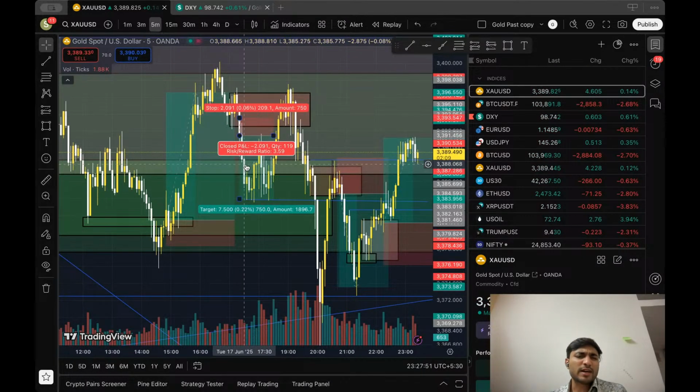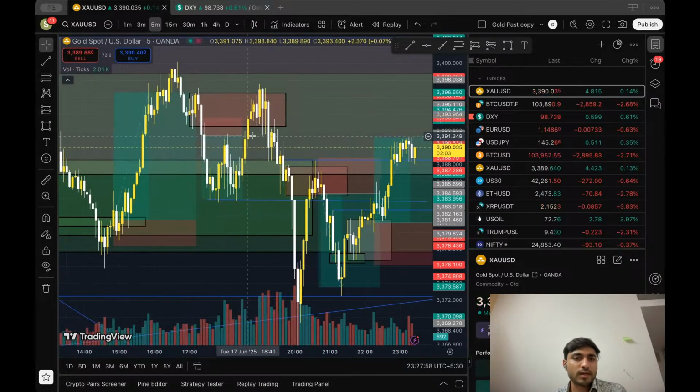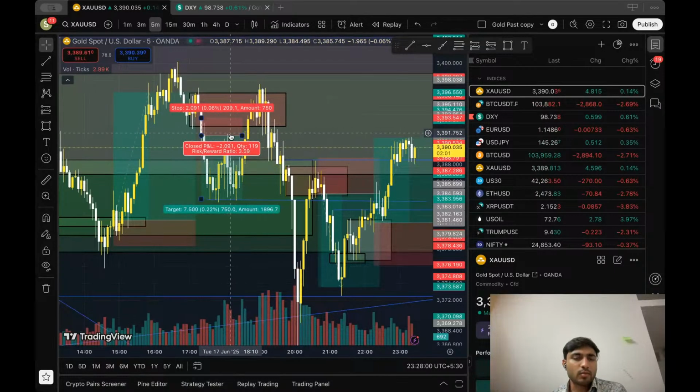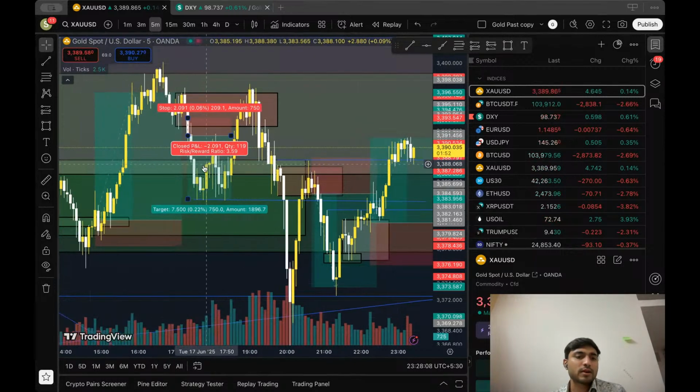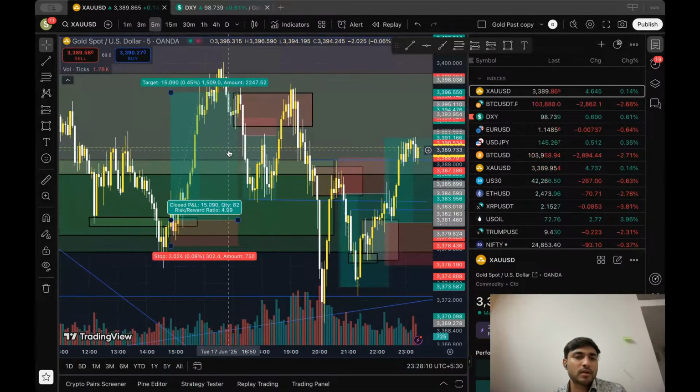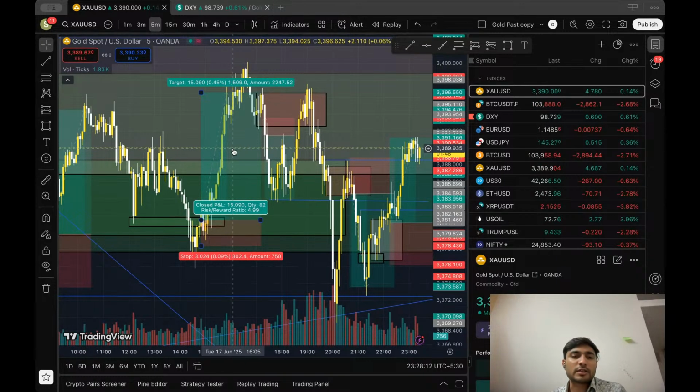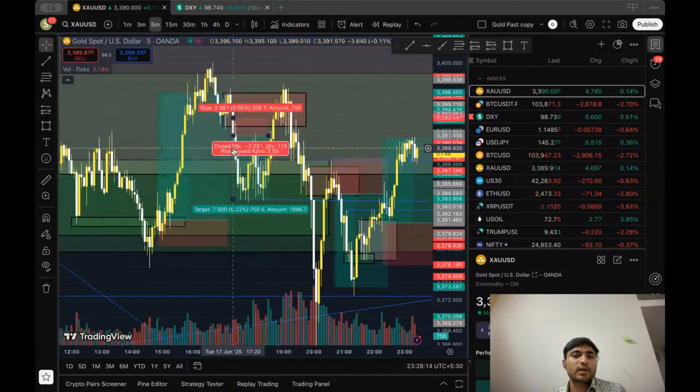It was retail sales or something, so it didn't matter much. So I took an entry at this point, at a change of character level you can say. I just took an entry on intuition mostly. A 75 pips trade, I took the trade on intuition. That is all I can tell you.